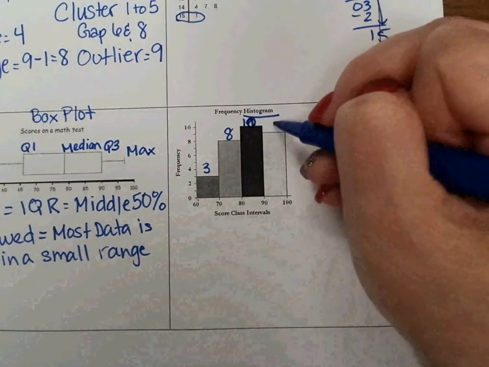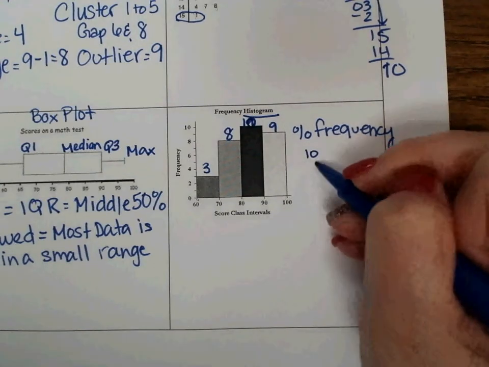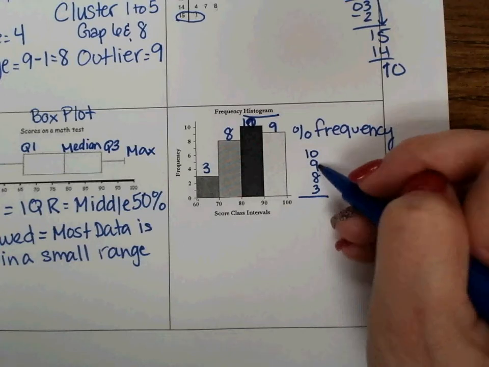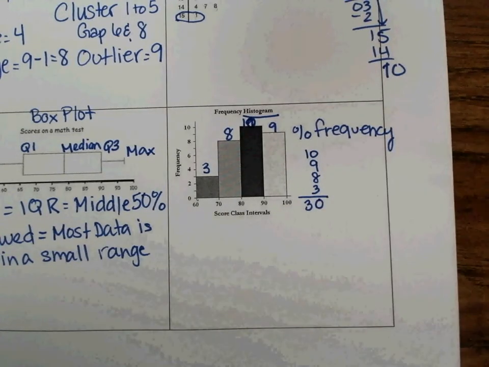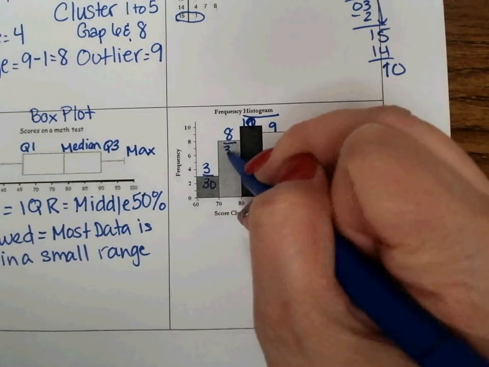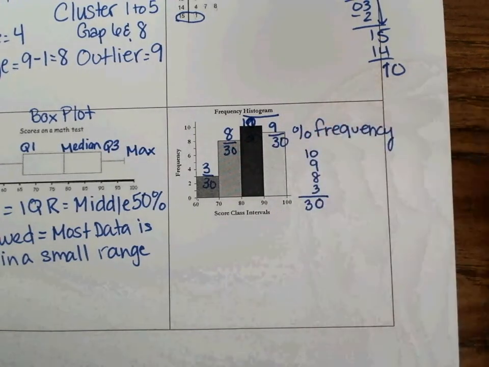That is 10. And 9 here. So I could add those up. 10, 9, 8, and 3. That's 30. So I could say this is 3 out of 30. This is 8 out of 30, 10 out of 30, 9 out of 30.